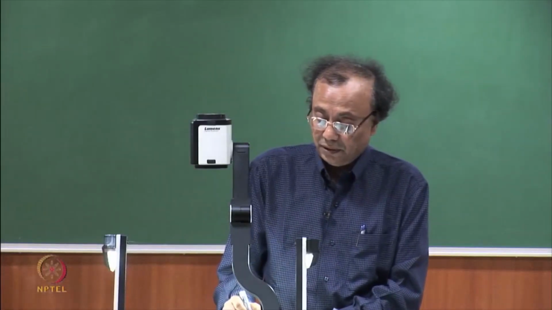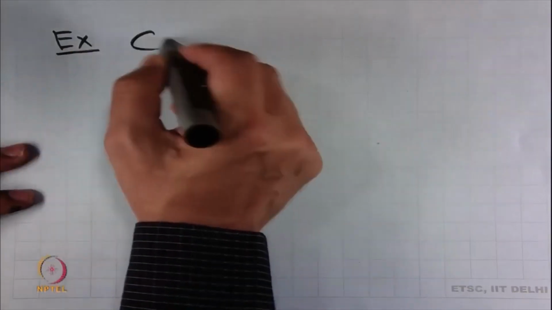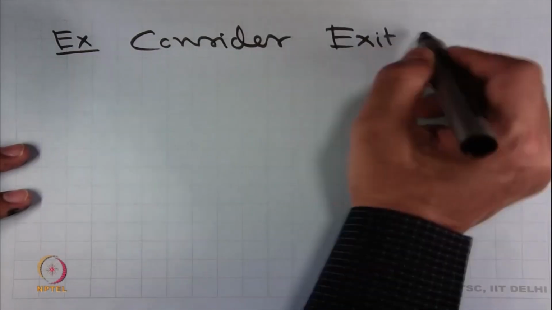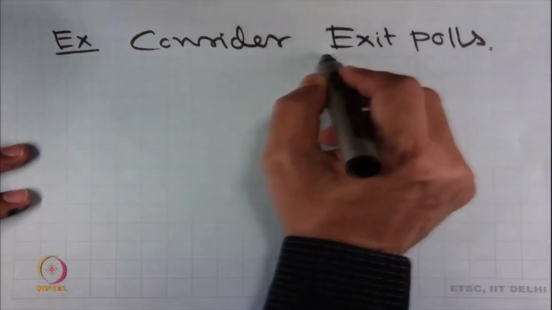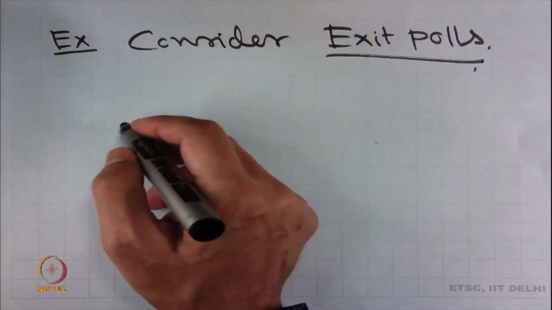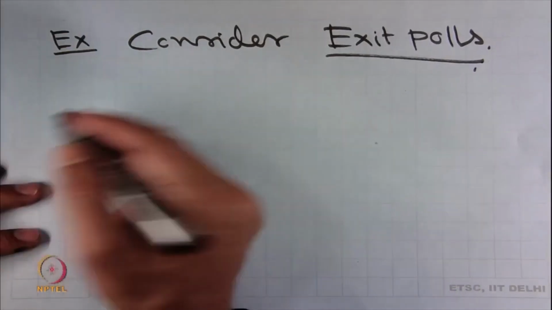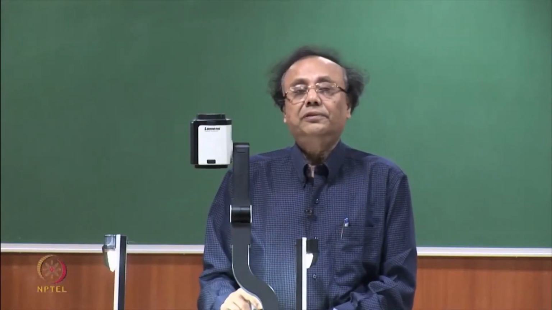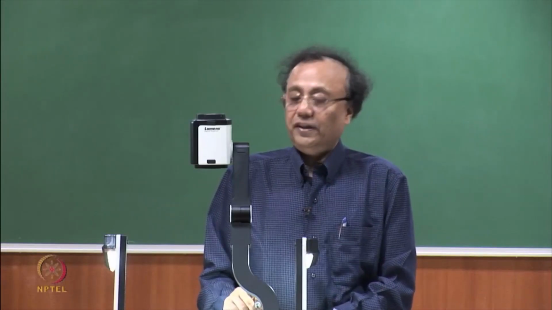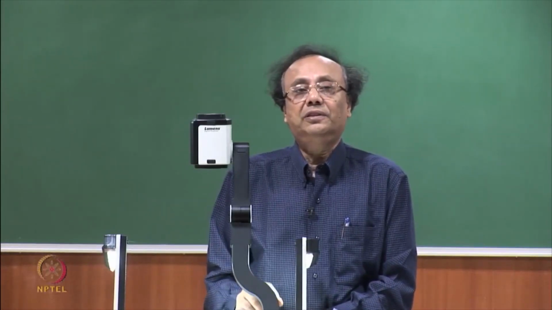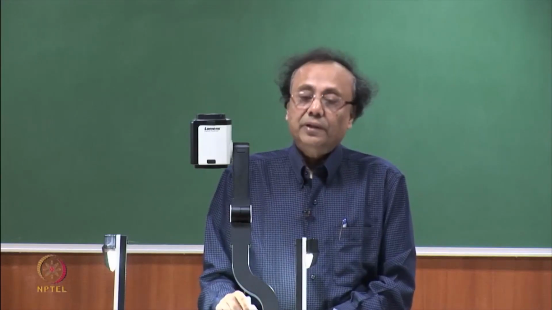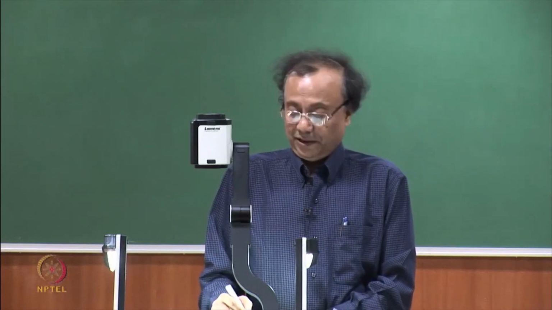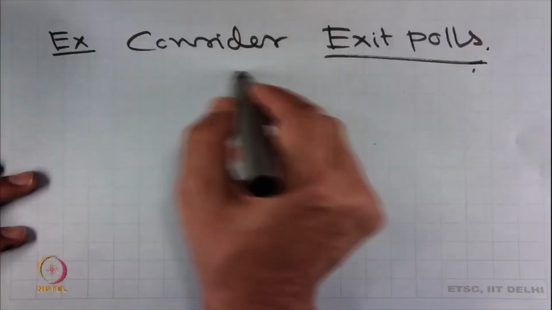For example, consider exit polls. There are so many voters, in terms of millions, scattered all over the country in different states, different districts, different blocks, different polling booths. It is impossible to consider all of them with equal probability. So, what can be done?